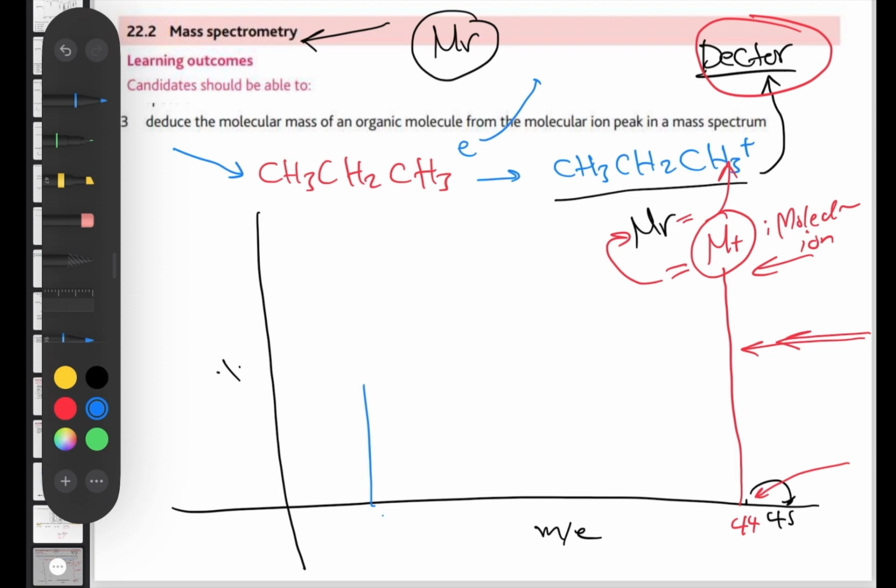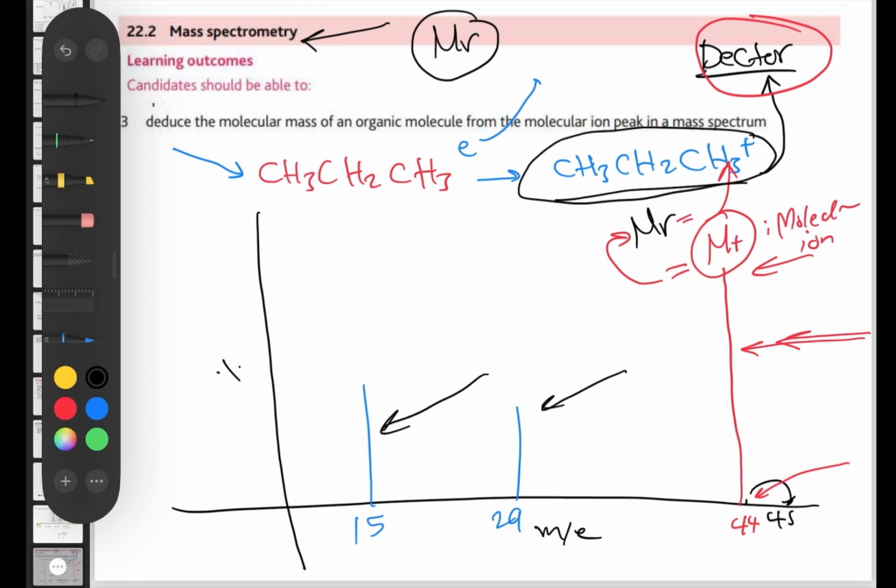We have another thing to be discussed as well. If we have, let's say, a peak that appears at 15 and another one that appears at 29, what do these things represent? I told you that this molecule carries a positive charge, but this positive charge makes the compound unstable, and that's why it will start to fracture into fragments.